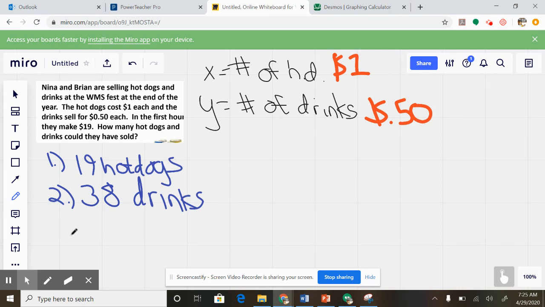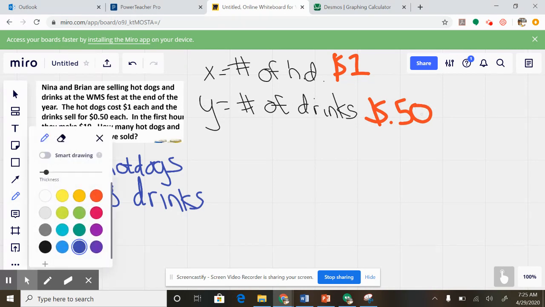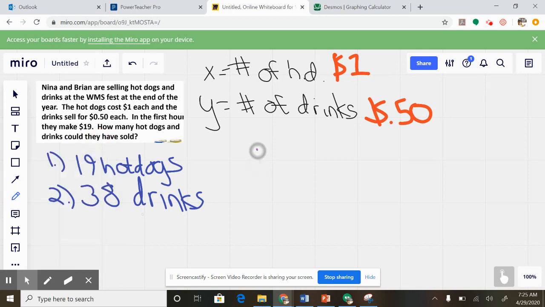Well, the equation works like what I have up here. X is the number of hot dogs, and they're $1 each. Y is the number of drinks, and they're 50 cents each. The equation ends up working like this: $1 for every hot dog, 1 times X, plus 0.5 for every drink, 50 cents for every drink, equals $19.